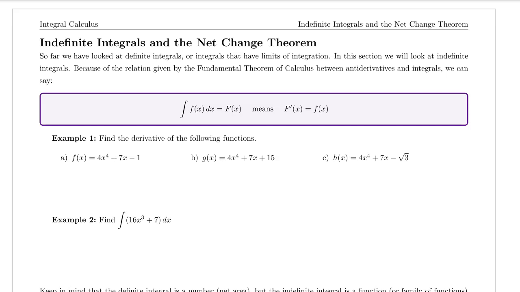Example 1 says, find the derivative of the following functions. So part A, we have f prime of x is equal to 16x cubed plus 7. And then for the minus 1, that's a constant, so that is the extent of our derivative.